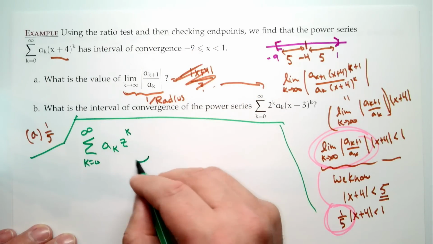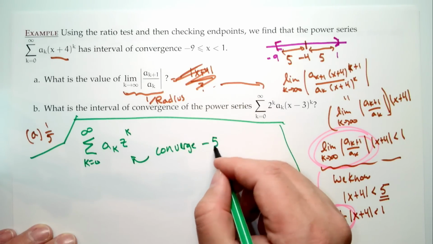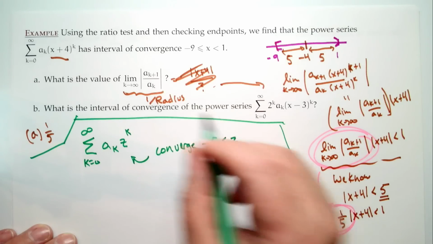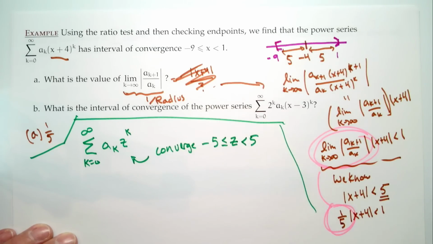So this will converge as long as -5 is less than or equal to z, and the largest it could be was at 1, which is 5. So if I was just looking at a_k times something to a power k, that will converge whenever that z thing is between -5 and 5. And -5 is okay. Essentially what I'm doing is just a shift of my center.